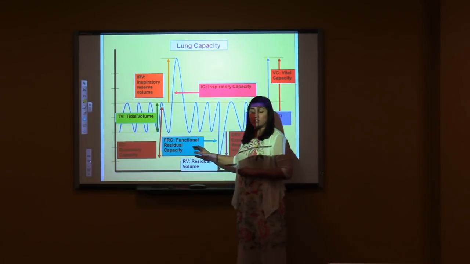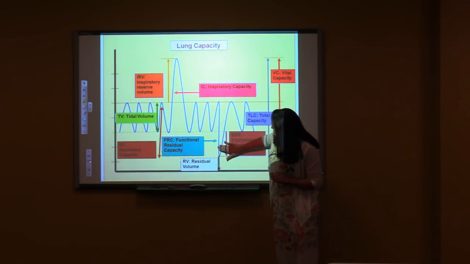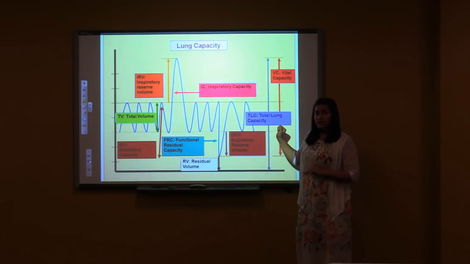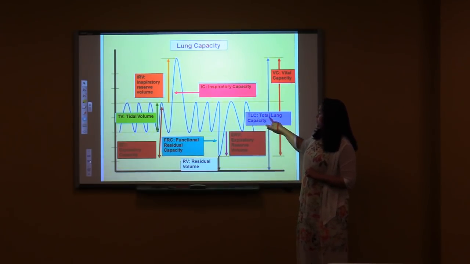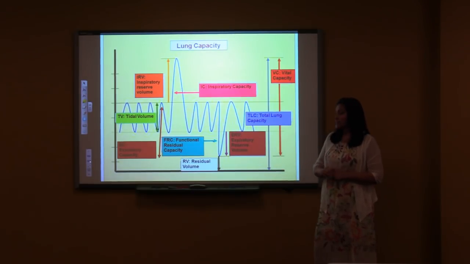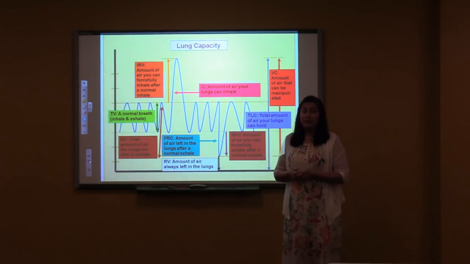Let's look at FRC, which is functional residual capacity, which is this area right here. And then look at TLC, total lung capacity, which is all of this. Okay. Now let's see what each thing means.